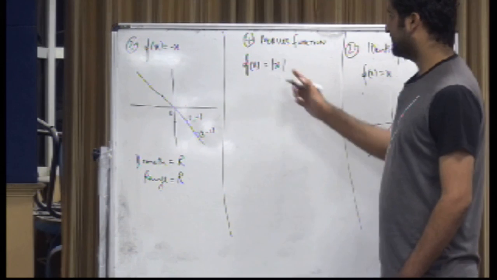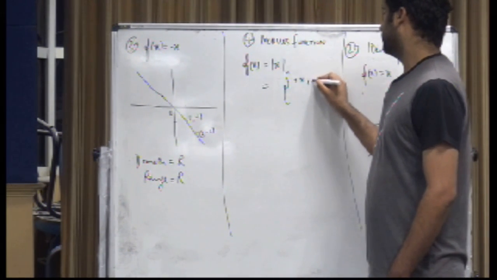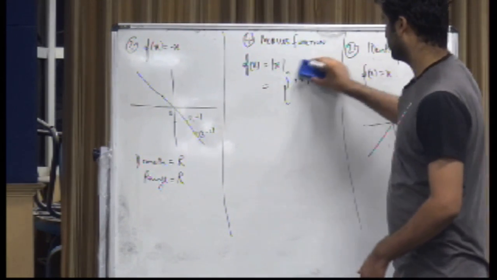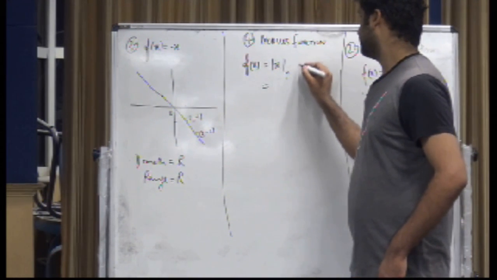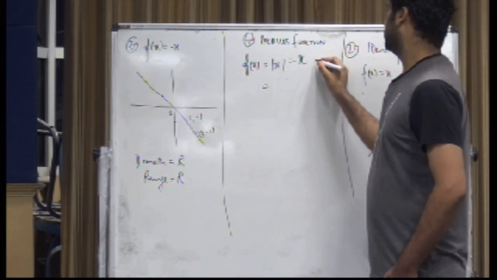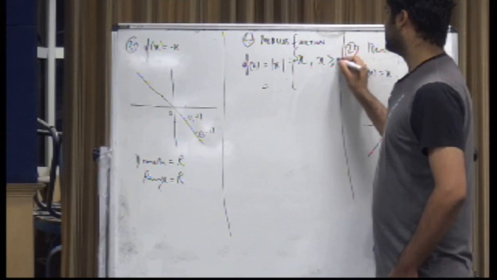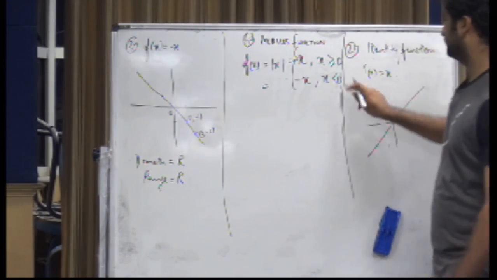If you have f(x) is equal to mod x, this is equal to plus x when x greater than equal to 0, so this is equal to x when x greater than equal to 0 and minus x when x less than 0.